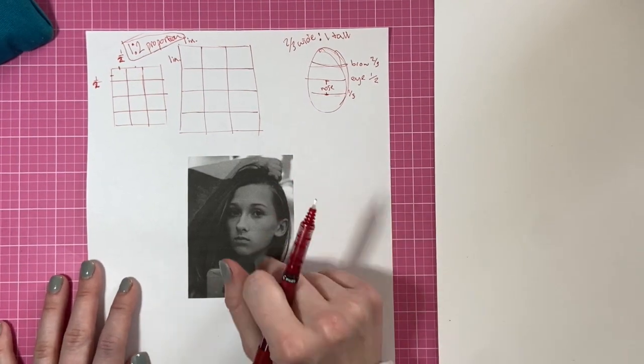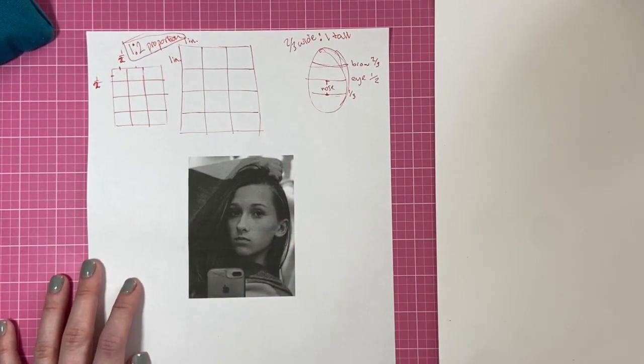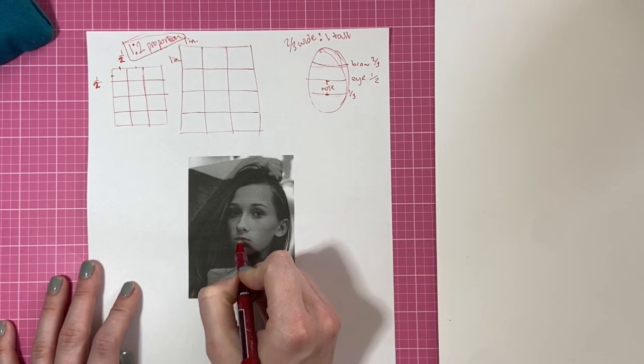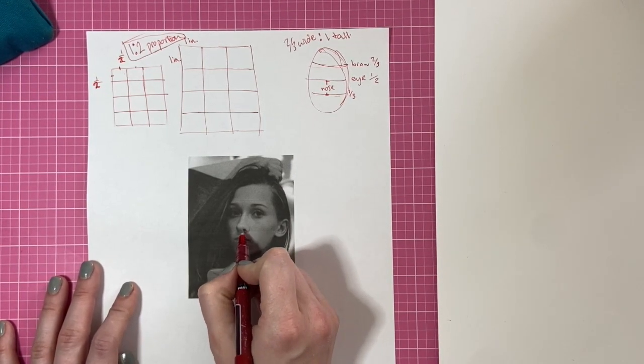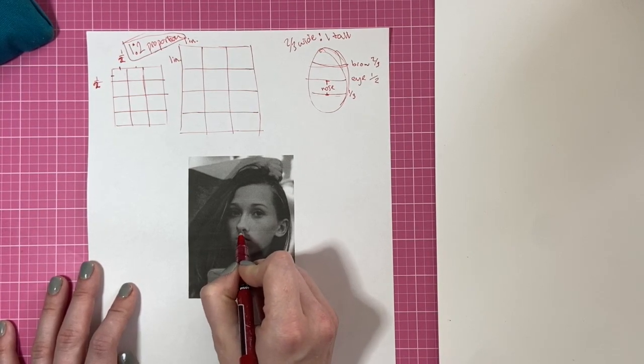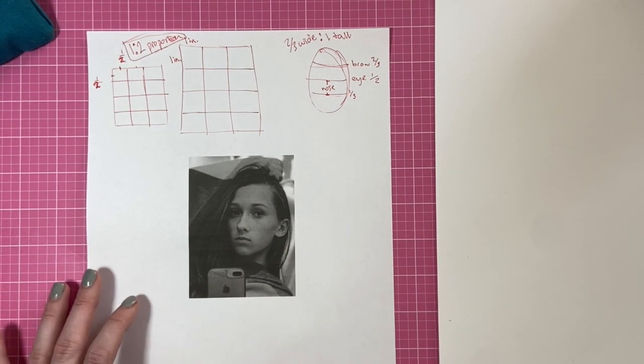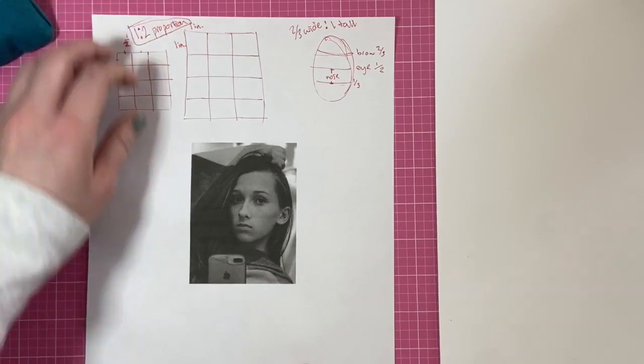My portrait, she has her head at a slight angle. That's why her left nostril, the nostril on the right of the image though, is more rounded and I can see more of it than the one on the left. The left is just this little sliver because she's holding her head at an angle.